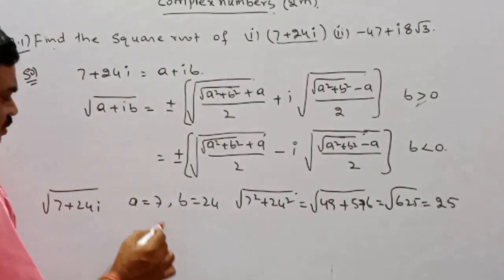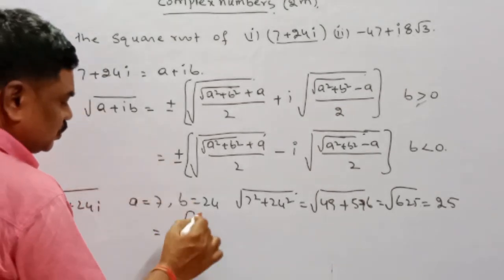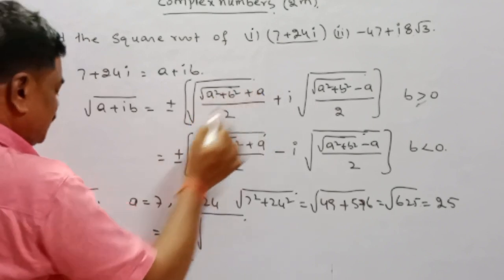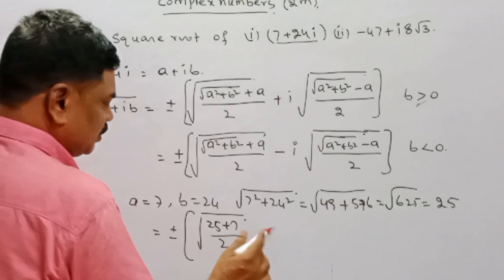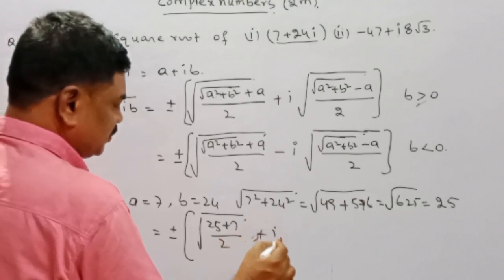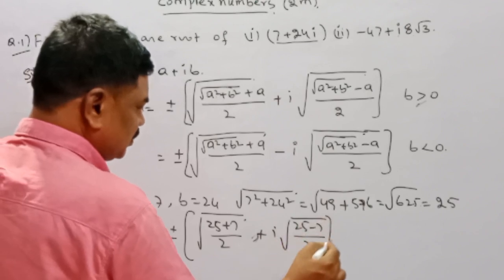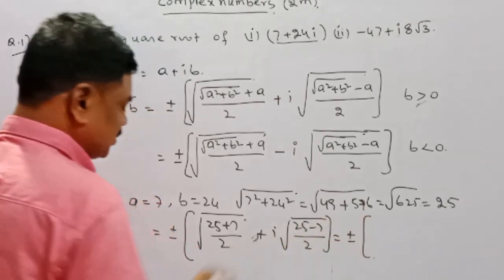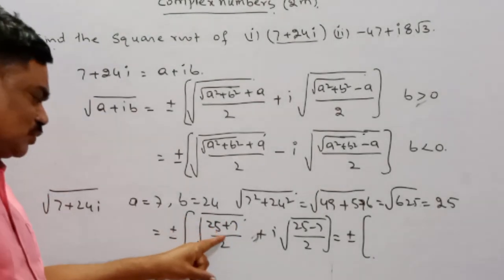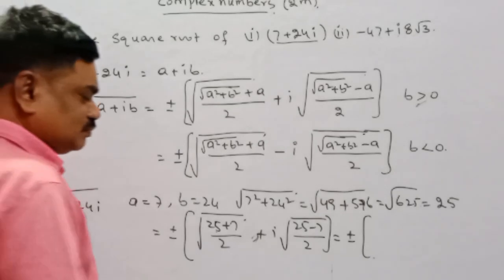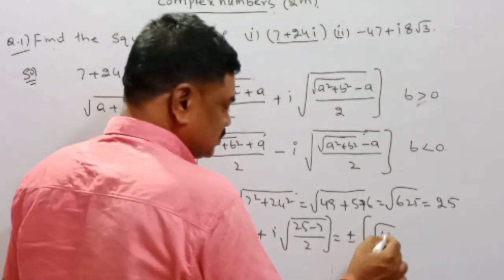Then what is the square root? It is plus or minus, root of (25 plus 7) by 2, plus i into root of (25 minus 7) by 2. 25 plus 7 is 32, 32 by 2 is 16, root 16 is 4.